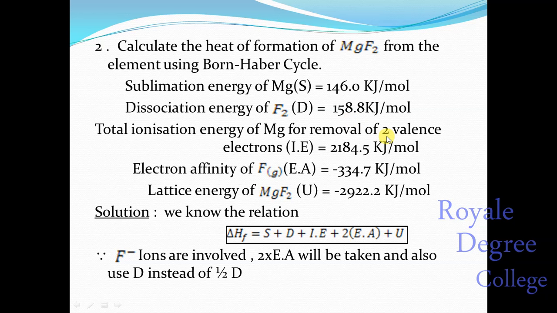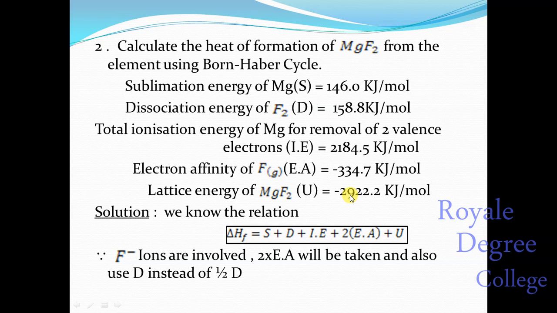And the total ionization energy of magnesium for removal of two valence electrons is 2184.5 kilojoules per mole. Electron affinity value of fluorine is minus 334.7 kilojoules per mole. Lattice energy of magnesium fluoride is minus 2922.2 kilojoules per mole. Now we'll see the solution.